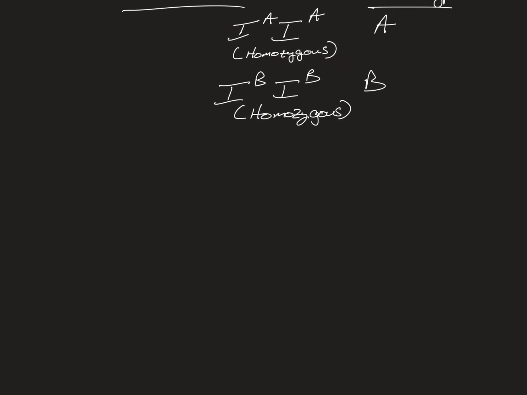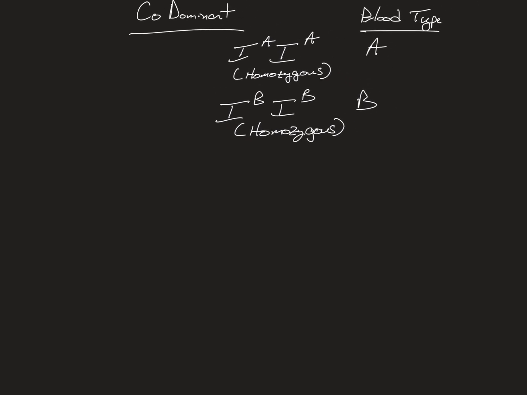That's the easy part. And if I had, on the other hand, this, why do I put little i instead of big I? Why am I putting little i instead of big I? Because these are recessive.